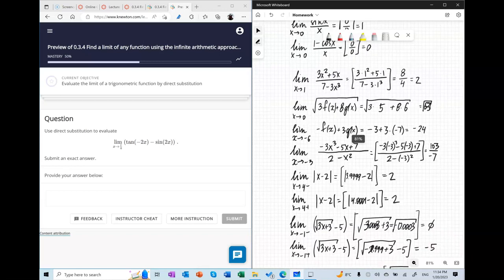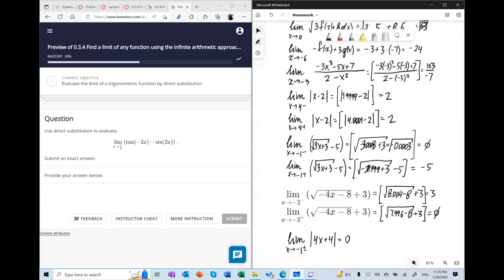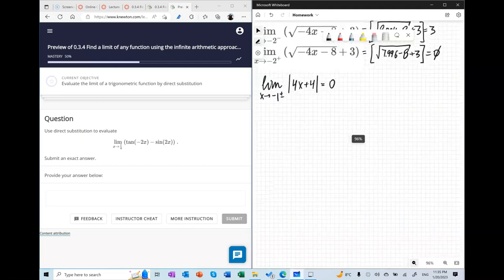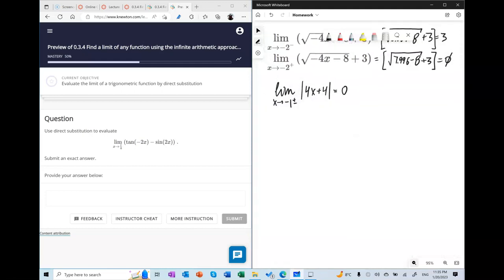This idea of plugging in the input into the function works regardless of the type of the function present in the limit. So even if you have a trigonometric function, you should still try to plug in the target value into the function just to see what happens.